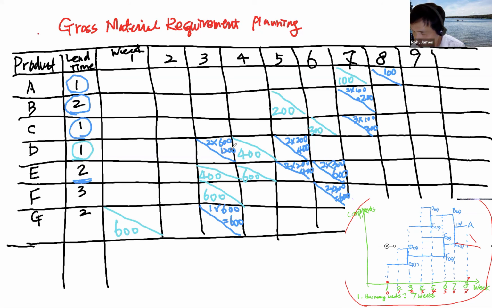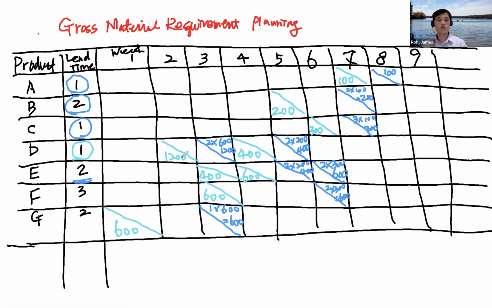It takes 1 week. So 1200 has to be ordered here. So that's for the gross requirement planning. Let me do this. So gross material requirement planning to make 100 A's at week 8.